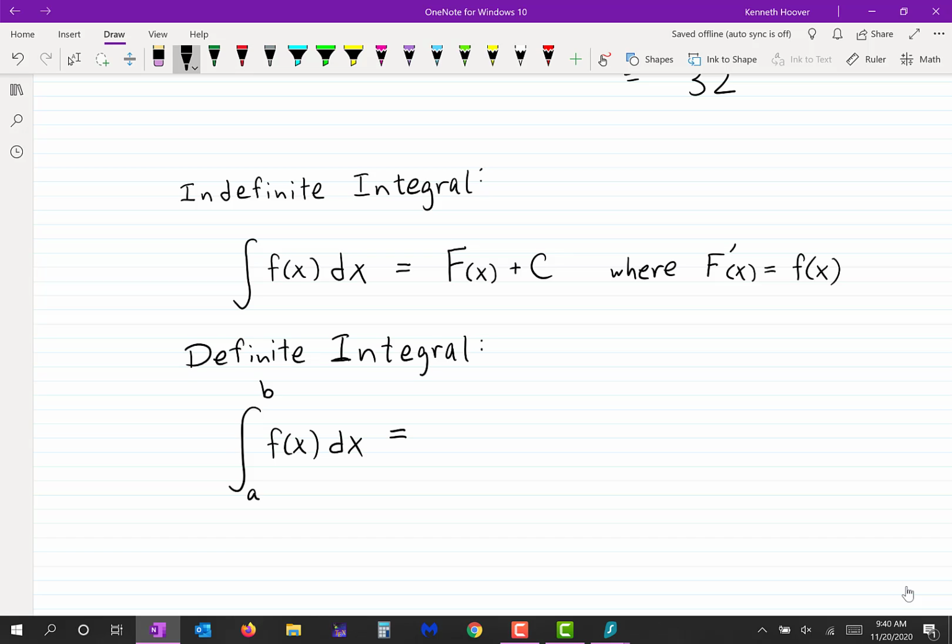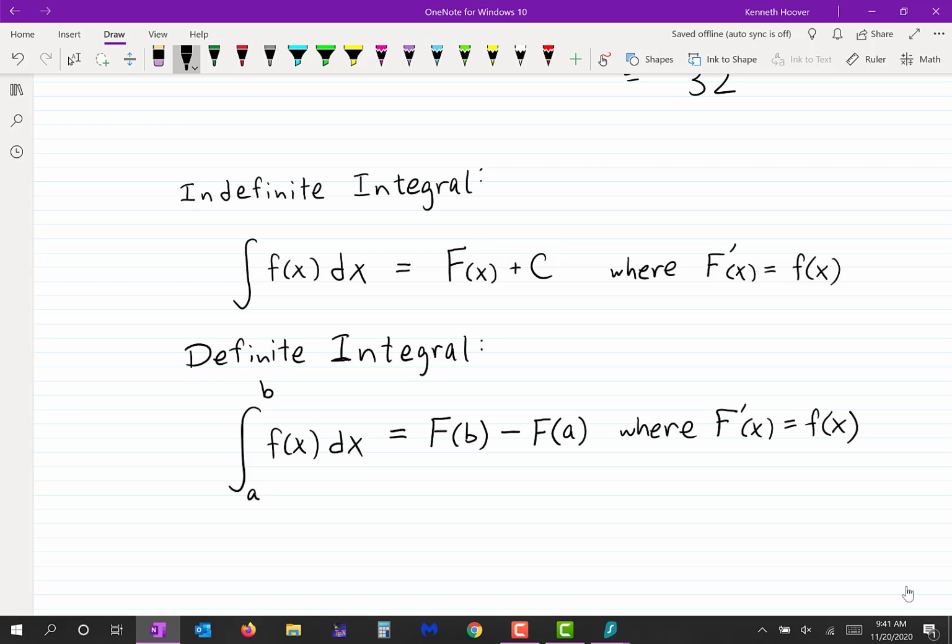You find an antiderivative for f, just like you were going to do an indefinite integral. But then what you do is, instead of writing that plus c, you write that antiderivative and you plug in the number b, and then you write that antiderivative and you plug in the number a, and you subtract that second one from the first one.